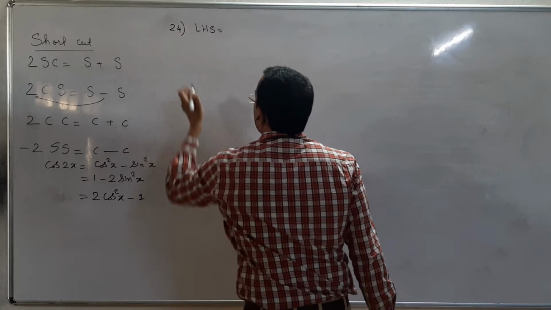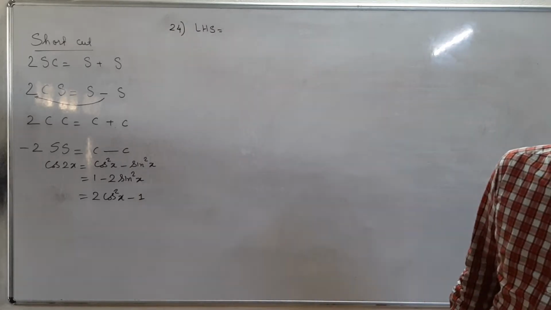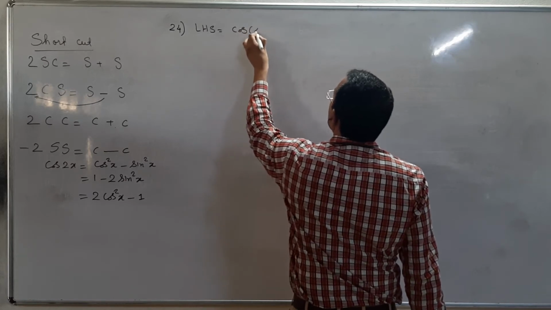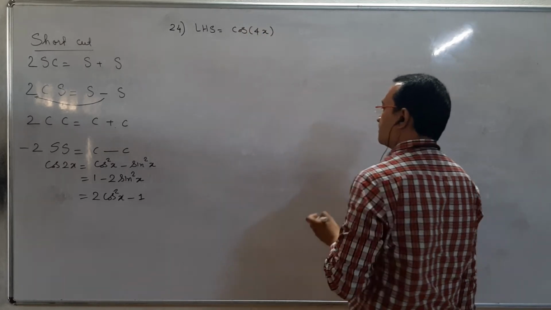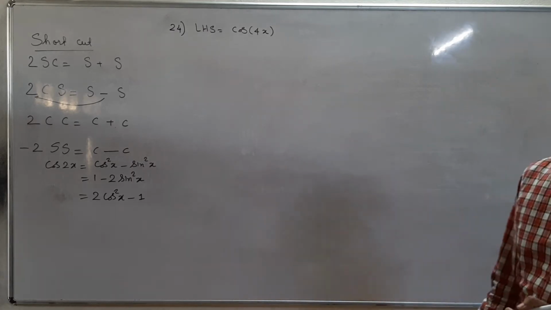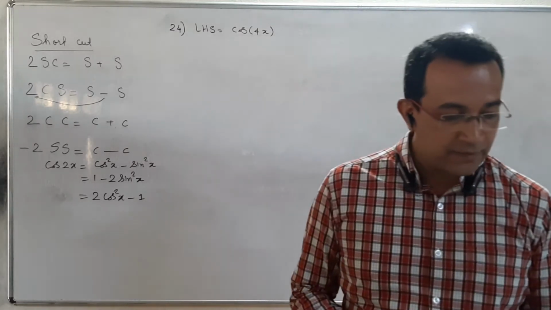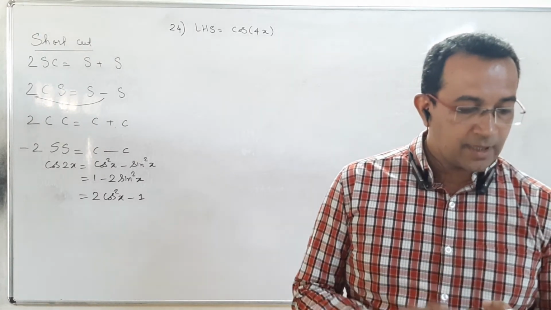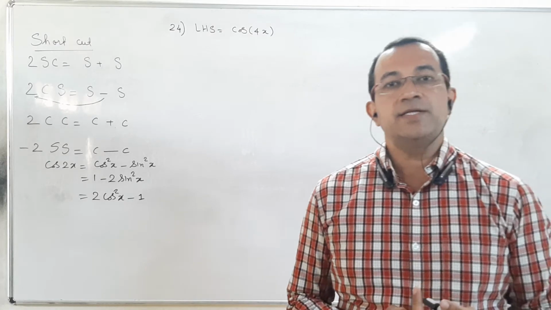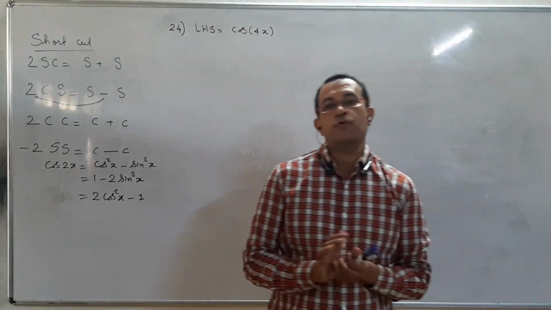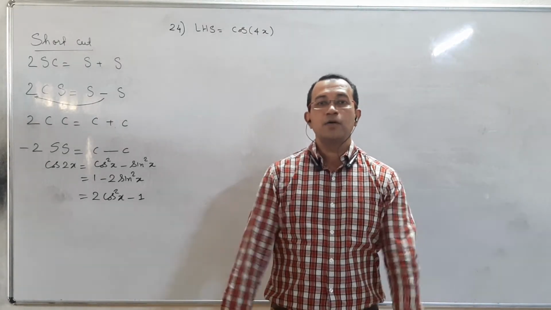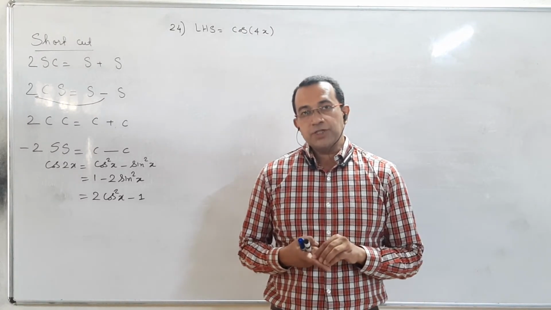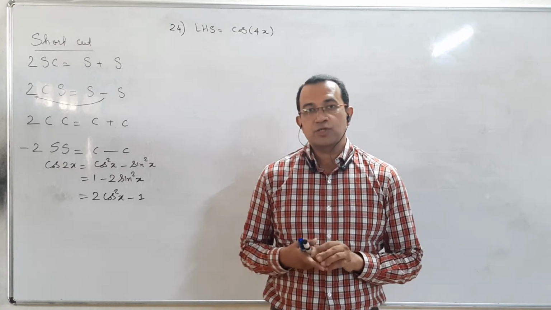Sum number 24, LHS is cos of 4x. Now students, carefully observe your RHS. We require 1 minus 8 sin square x cos square x. Our RHS is 1 minus 8 sin square x cos square x.